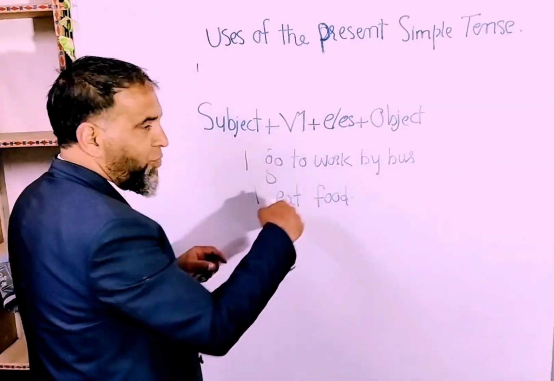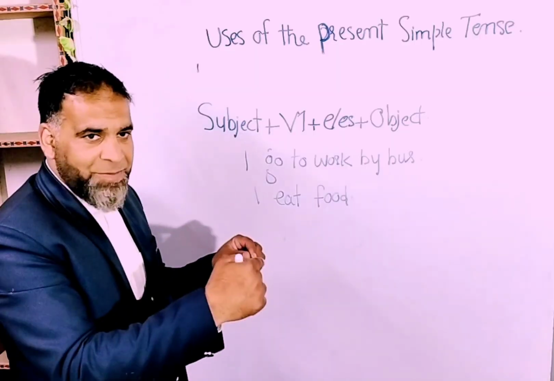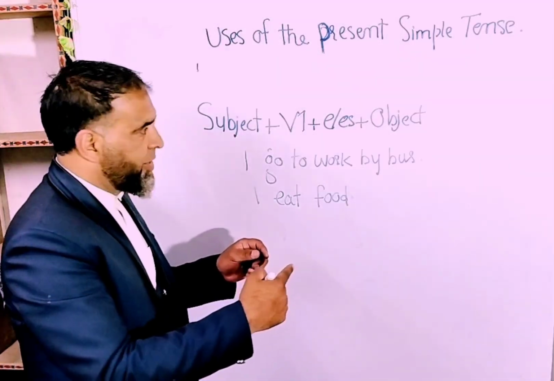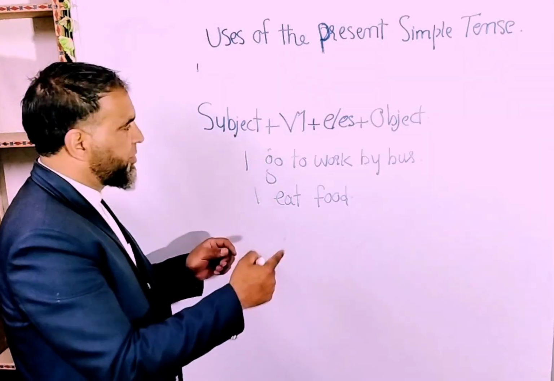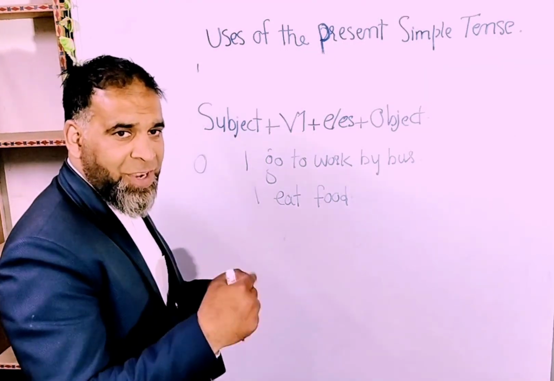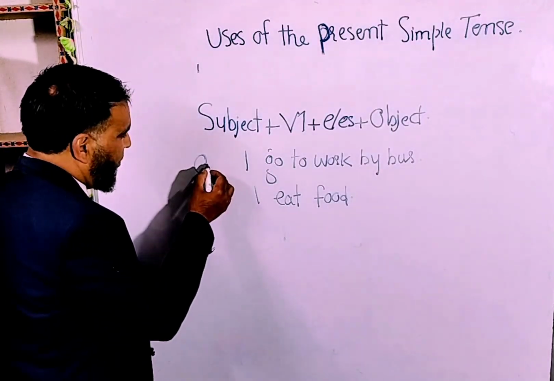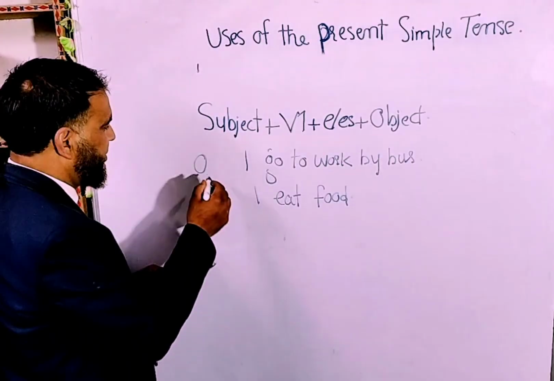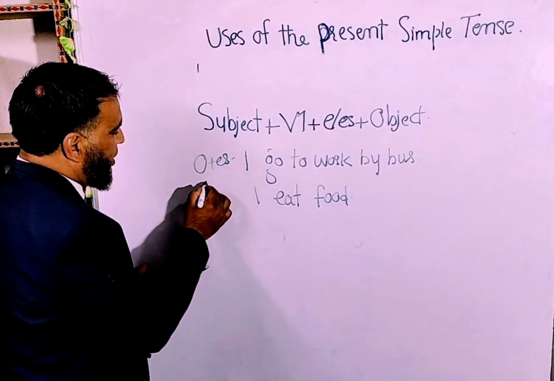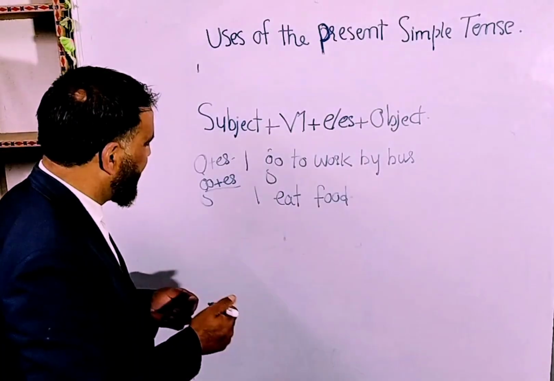But sometimes we need to add S or ES. It depends upon the verb. Verbs that end in O, we need to add ES to the first form of the verb. For example, go, goes.